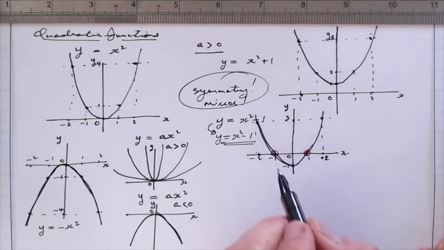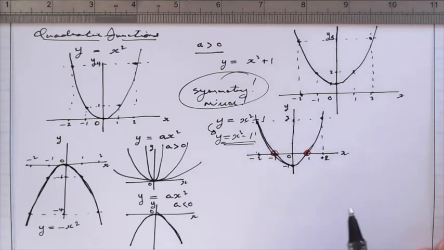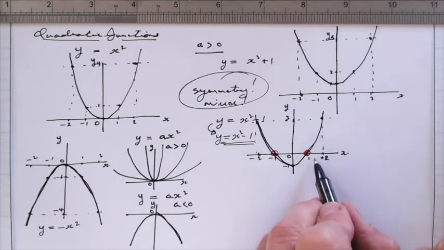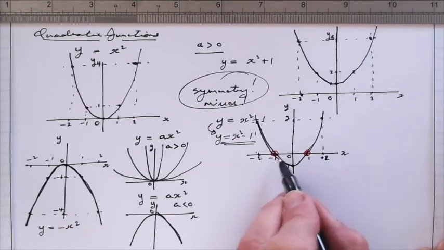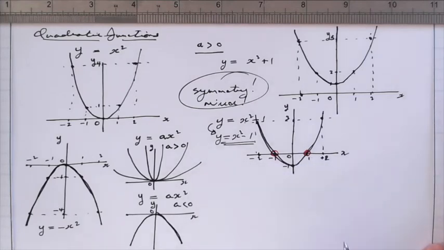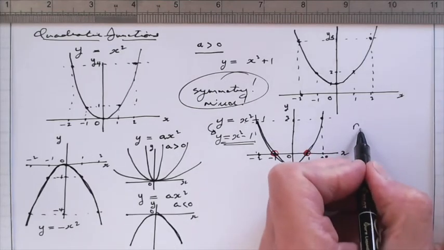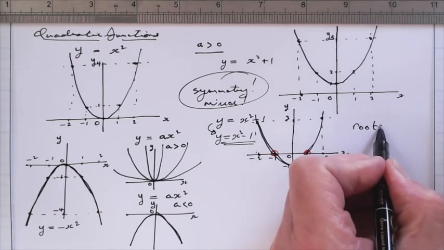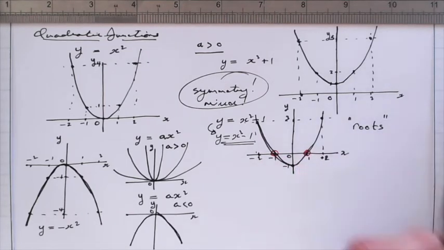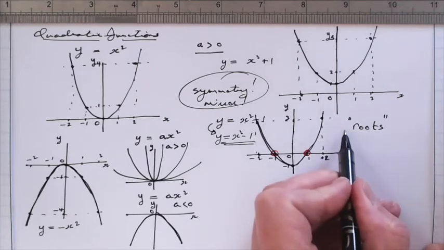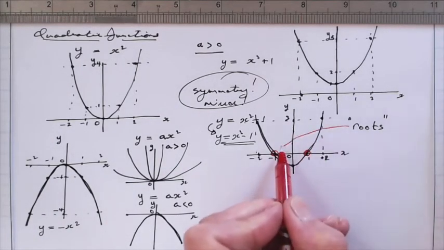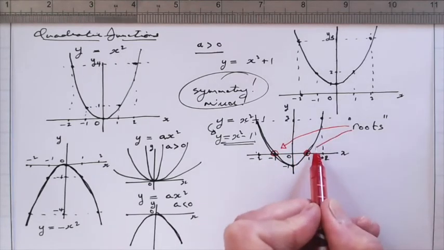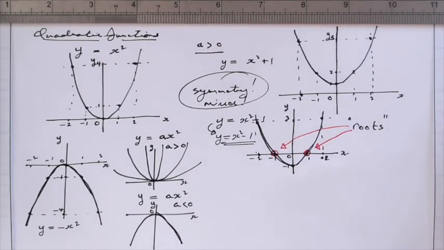When a function like a quadratic function, if that curve cuts through the axis, we have a special name for the x values where that occurs. We call them roots. R-O-O-T-S. We call those roots. And we see we have 2 roots here. One there and one there. Okay?